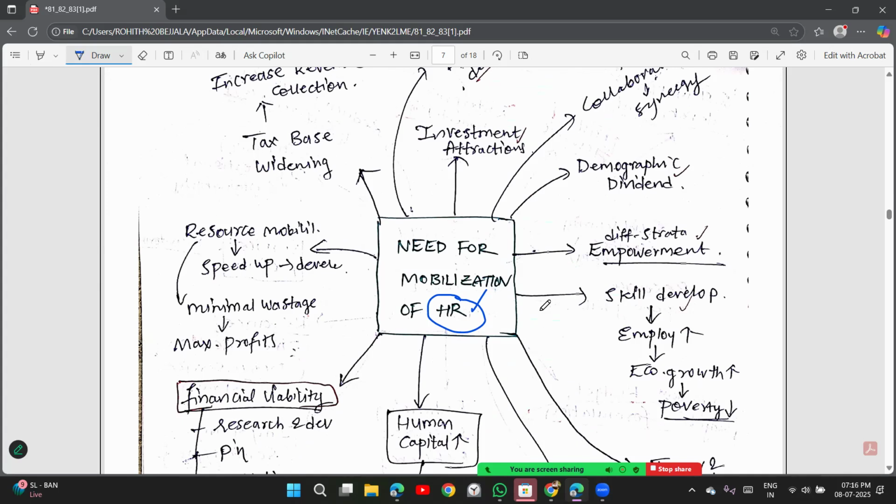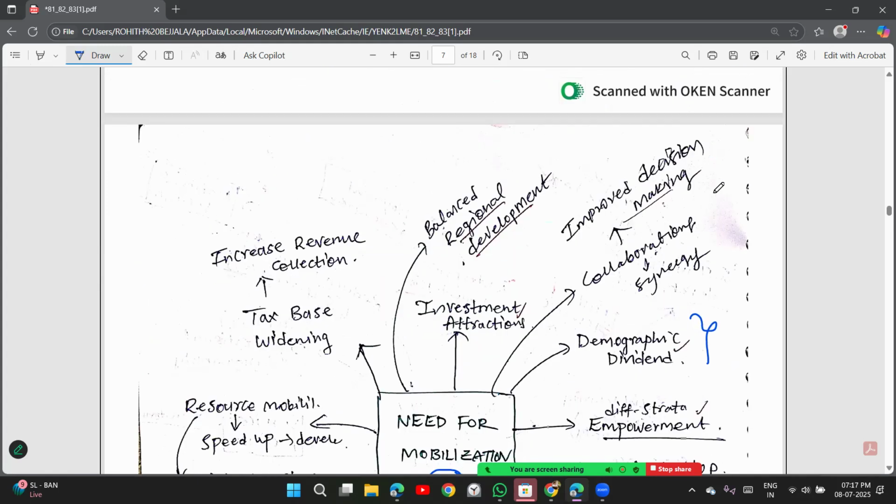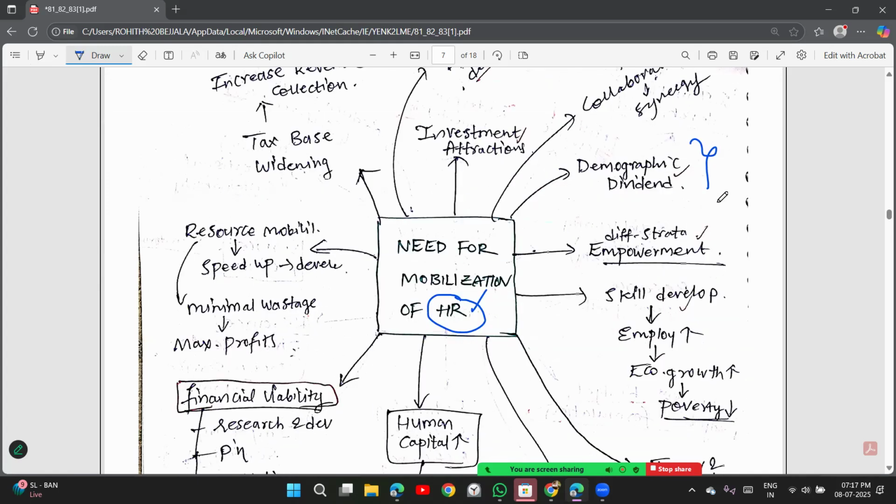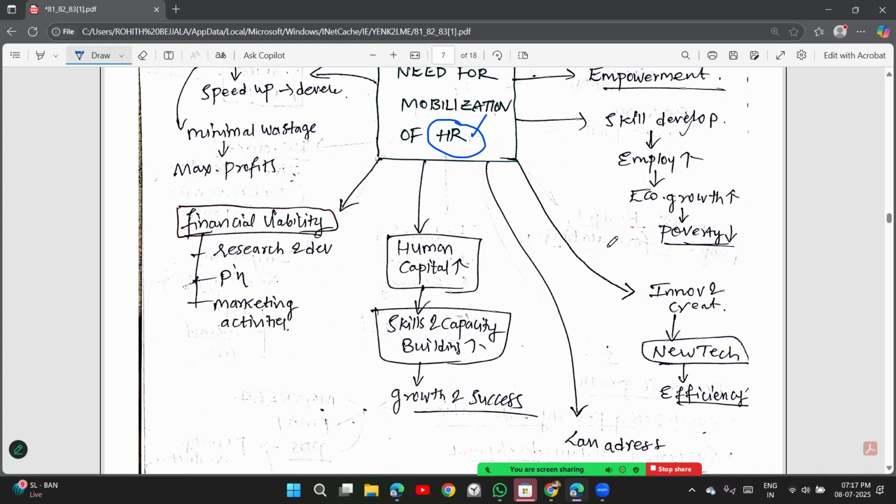Because India has a high demographic dividend, so we have a high youth population. The average age of India is 27 years, I think, just confirm. So it leads to empowerment, it leads to skill development, and if skill development is there, then employment will increase, unemployment will decrease.